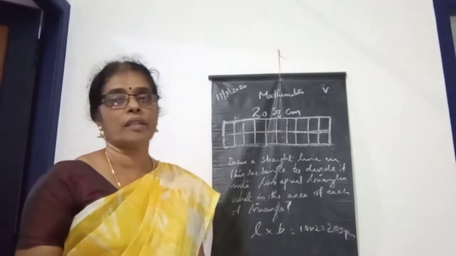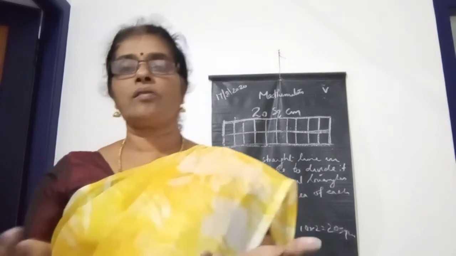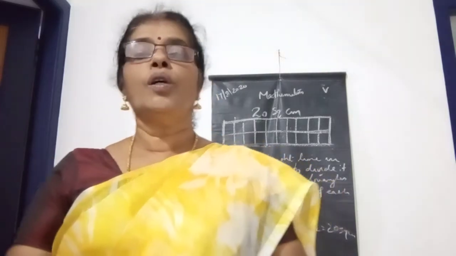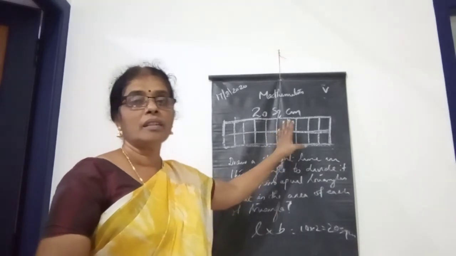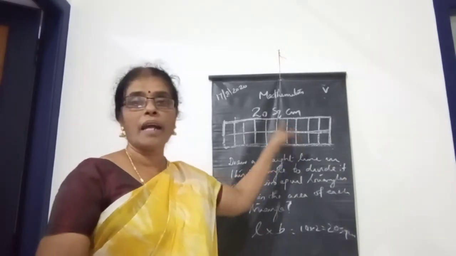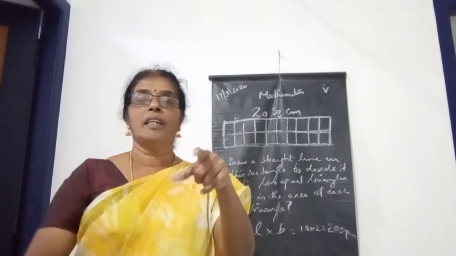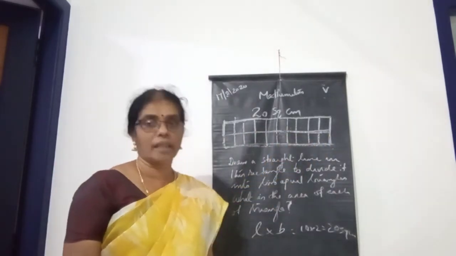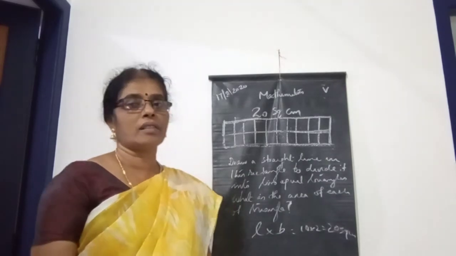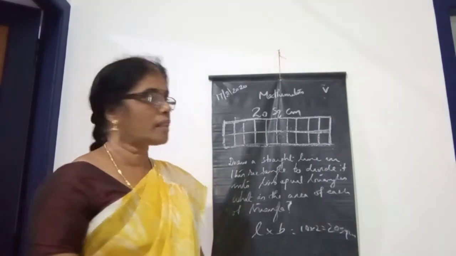That is the question. You have to draw a straight line in this 20 square centimeter rectangle, and that straight line divides this rectangle into two equal triangles. Then how can we draw that line, children?